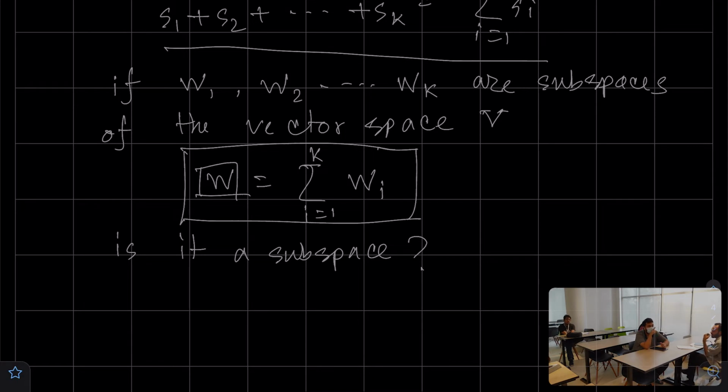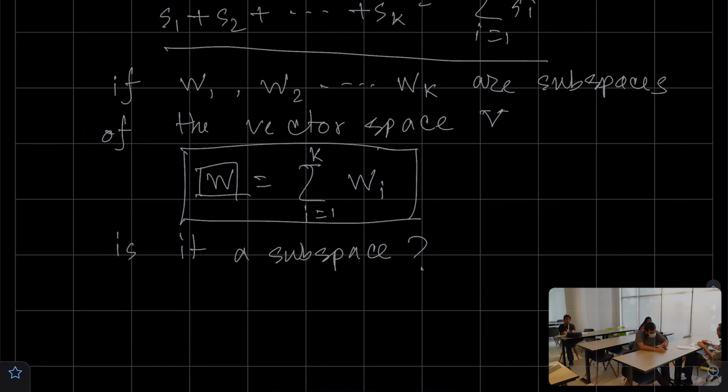You just don't need to consider the sets or the span of S, you don't need to consider that. I'm just defining the summation of the subspaces. Is it going to be a subspace? You have to check.